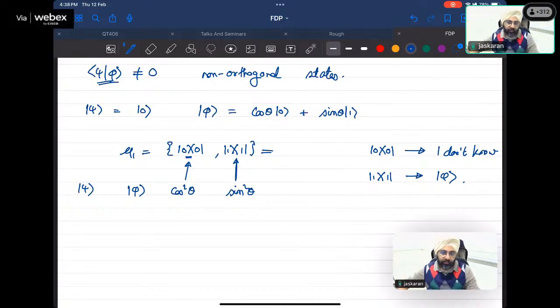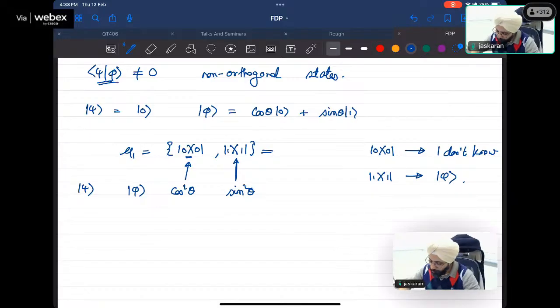Now the point here is I wanted to distinguish between |ψ⟩ and |φ⟩ in one single round, and using this projective value measure I am not able to do that. I can only tell you when one particular outcome clicks that the state is |φ⟩, but I will never be able to tell you when I am getting the state |ψ⟩.